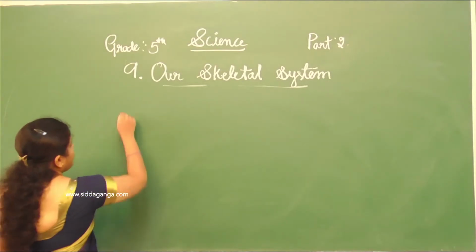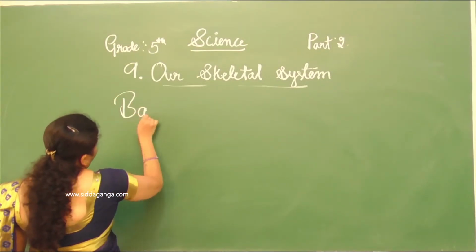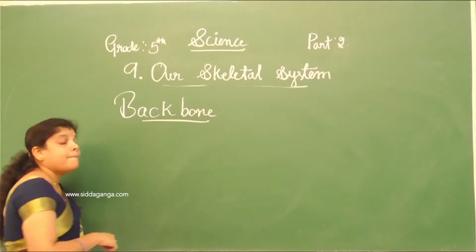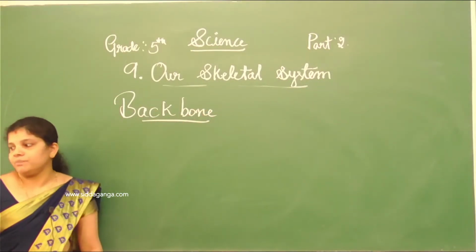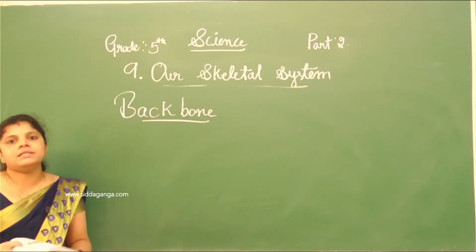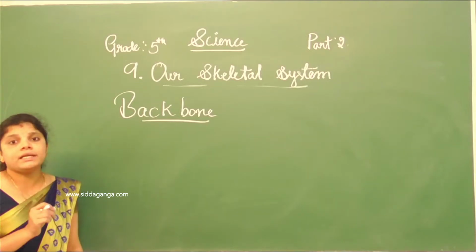Backbone. Backbone means ಕನ್ನಡದಲ್ಲಿ ಬೆನ್ನು ಮೂಳೆ ಅಂತ ಹೇಳಿ ಕರಿತೀವಿ. Our backbone consists of 33 small bones.